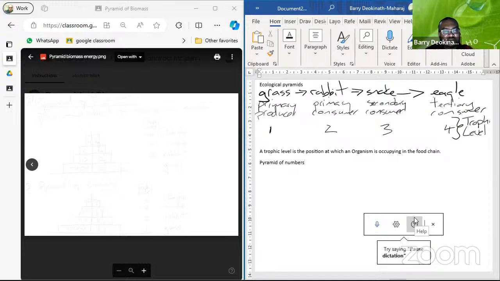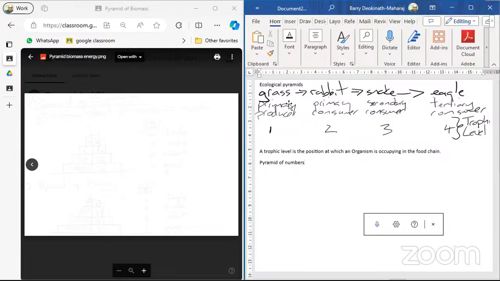Right. So essentially, in a pyramid of numbers, if we're looking at one particular habitat or ecosystem, we would basically look at only what is taking place there. So think about if we're doing a study in our country, would we go to Barbados and get information? No, sir. It does make sense, because we want to know what is taking place in Trinidad.